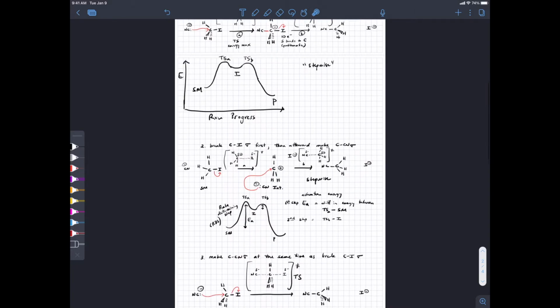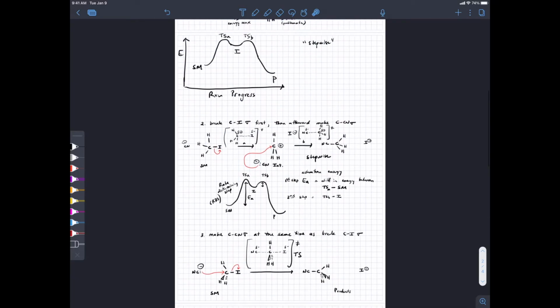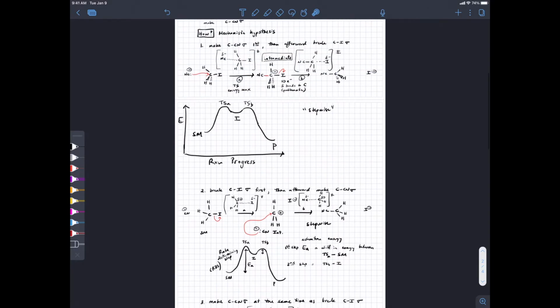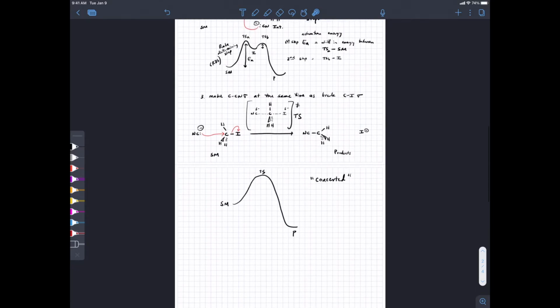In contrast, transition states have a lifetime that's about as fast as it takes for a bond to vibrate, and that's small enough that we can't observe transition states. So I will just tell you that computationally, first of all, we haven't observed this kind of intermediate, at least not for this reaction. And computationally, this is a maximum rather than a minimum.